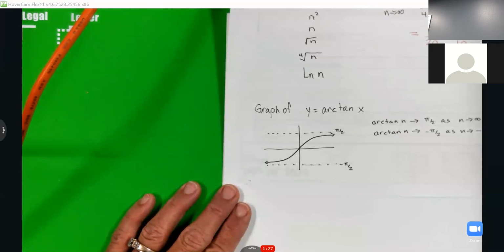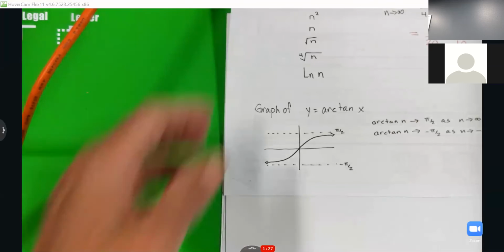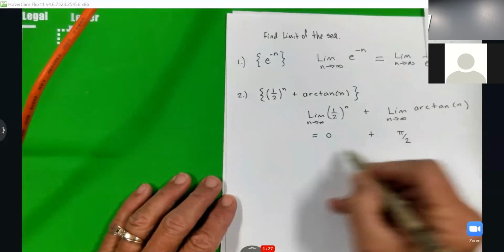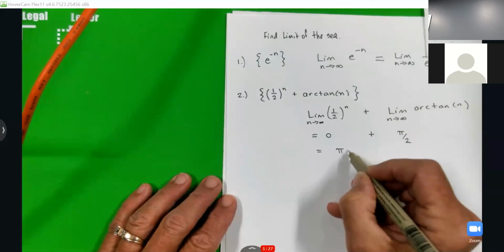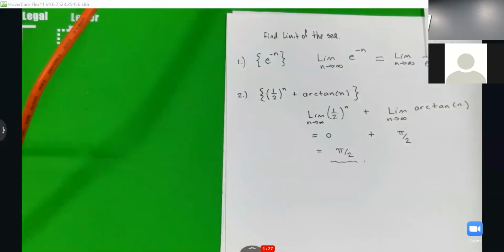So back in our example, that second term is going to pi over 2. So my overall limit is 0 plus pi over 2. All right.